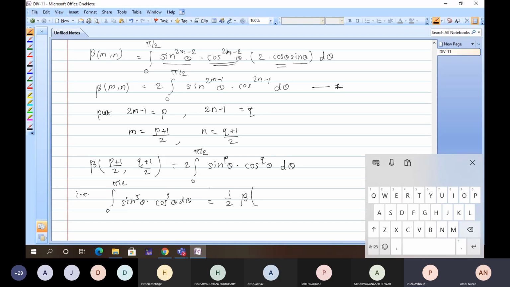Beta of 3 comma 2. P value is 5, 5 plus 1 is 6 divided by 2, that is 3, comma, here 3, 3 plus 1 is 4, 4 divided by 2, that is 2. So this value is obtained directly like this. Instead of comparing 5 equal to 2m minus 1 and then finding the value of m, this formula is much easier.